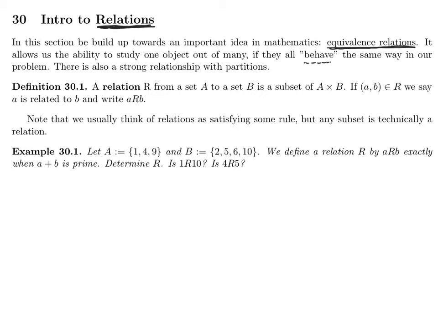So in some sense, these equivalence relations allow us to take an infinite number of things and make it into one thing, or at least allow us to study one thing. So it takes infinite to finite, which is always great in mathematics.